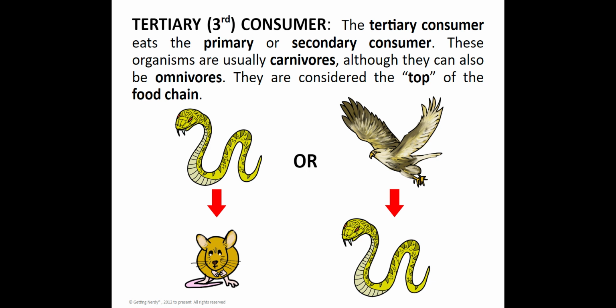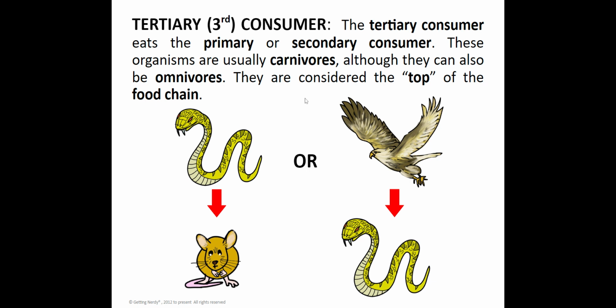Tertiary consumer. Tertiary means three, like triangle, that T word is three. So we're back up at the top of our note page. A tertiary consumer eats the primary or secondary consumer. These organisms are usually carnivores, although they can be omnivores.